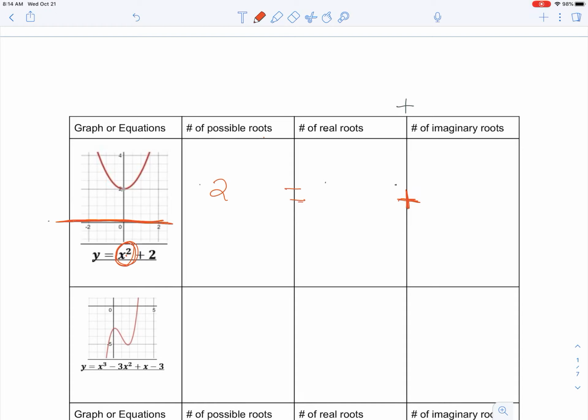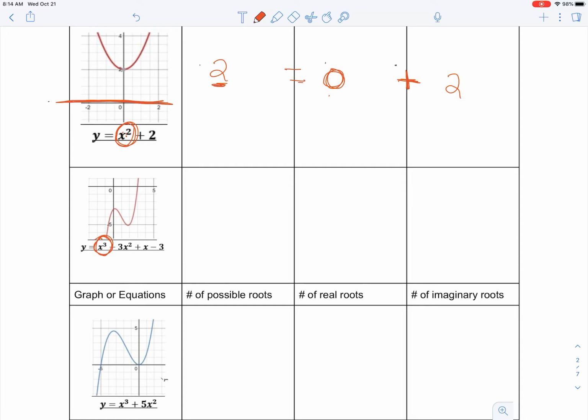When we graph this on the calculator, we see that it never crosses the x-axis, so it has 0 real roots. If it has 0 real roots, then it must have 2 imaginary roots. The number of imaginary roots will always be an even number.